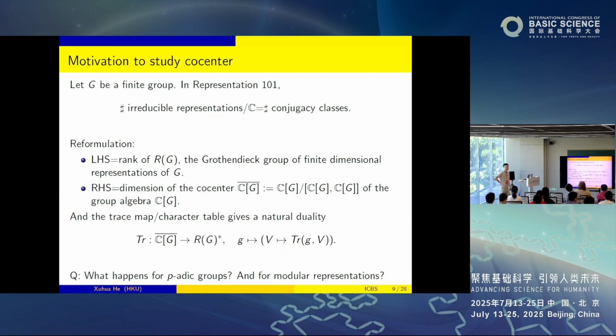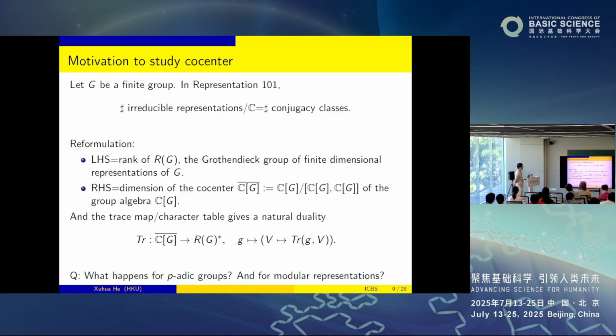Okay, well, so now let's come to the title of my talk, the cocenter, and why we care about the cocenters. And still, the motivation is very basic. I mean, in the first few classes, when you first study the representation theory, you know that for a finite group, the number of irreducible representations equals the number of conjugacy classes.